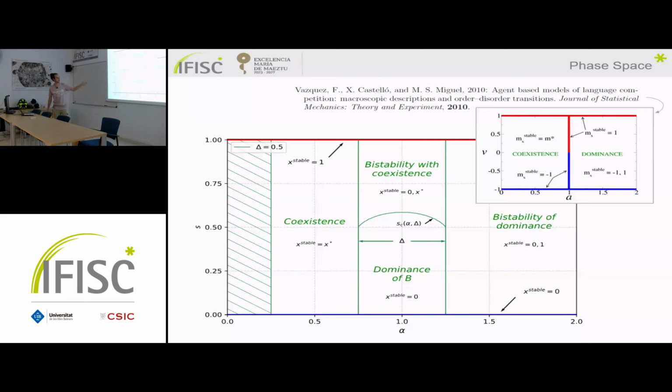One being the dominance of B, which means that the stable solution is only x equals 0. And then if the prestige is high enough, we have the possibility of a stable coexistence state, giving us a bistable phase between coexistence and extinction that will have some nuances that we'll explore later.